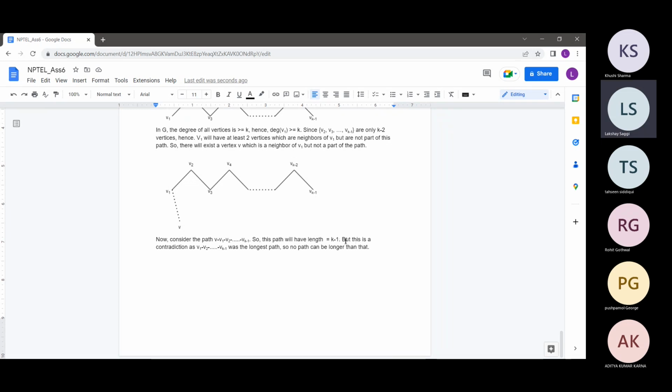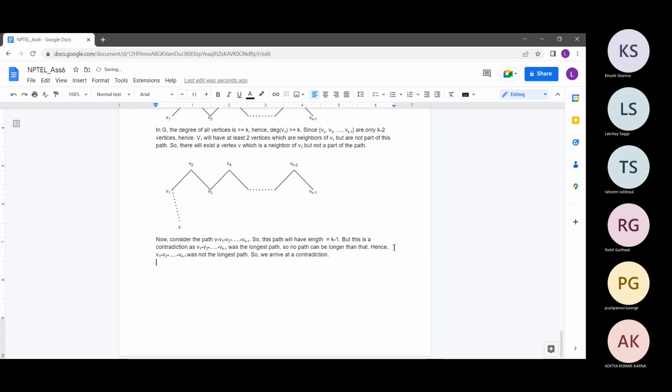The length of this path is greater than the longest path, which is not possible. No path could have been longer than that, but I actually obtained a path which is longer. So this is a contradiction. Hence, V1 to Vk minus 1 was not the longest path. So we arrive at a contradiction.